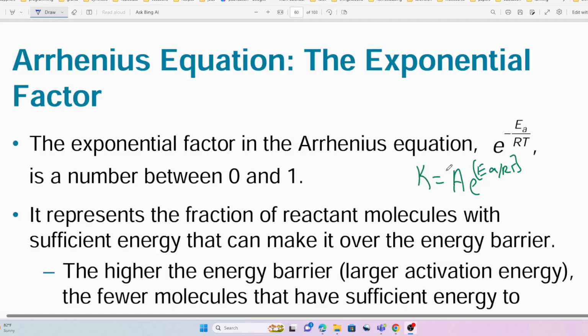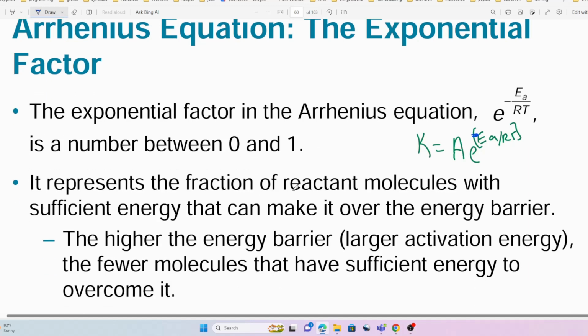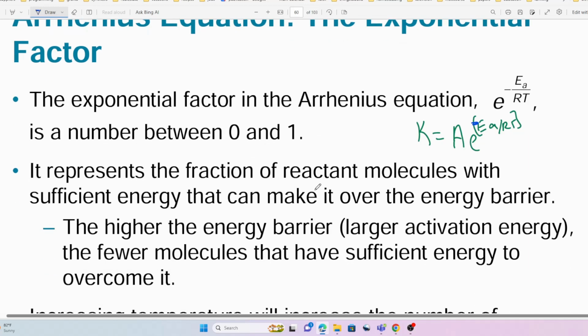Recall that K is given by A times e to the negative EA over RT. So this exponential factor, e to the negative EA over RT, is a number between 0 and 1. And this represents the fraction of reactant molecules with enough energy to make it over that energy barrier.